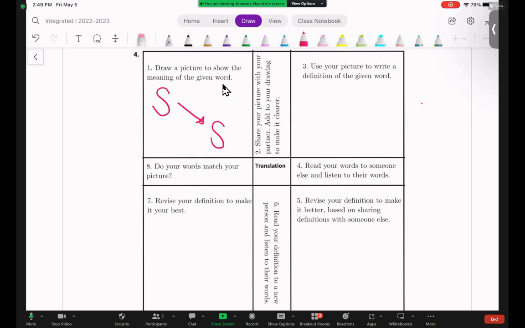Number 3 says, use the picture to write a definition of the given word. So how would you describe a translation?